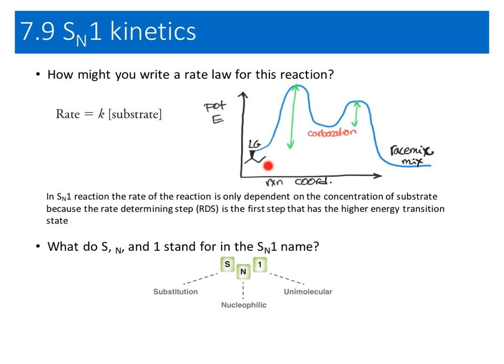And in this step, we only have the substrate that loses the leaving group. Therefore, the rate is only dependent on the concentration of the substrate. So the rate determining step involves only one entity. Therefore, we call that it's the unimolecular reaction. Now, if you look at the name of SN1 reaction, it's a substitution, nucleophilic, and unimolecular reaction.